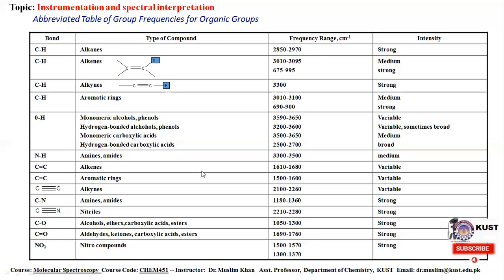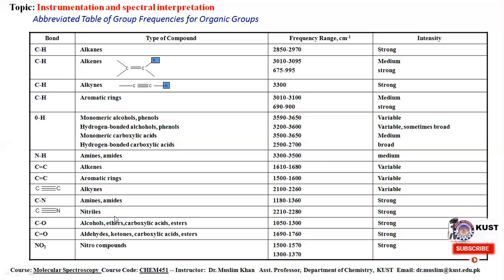But for this aromatic ring conjugation it is 1500 to 1600, which is different than alkene, because conjugation is involved in the aromatic ring in comparison to the normal alkene. And for alkyne, the absorption is 2100 to 2260, and the intensity is also variable.